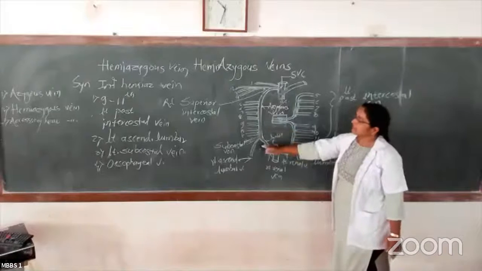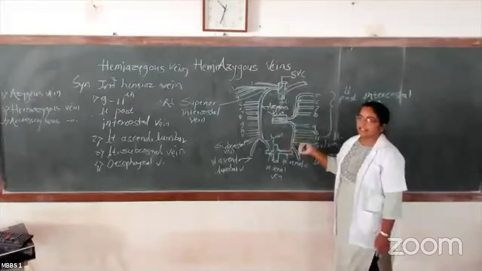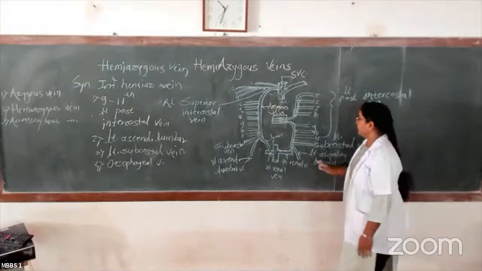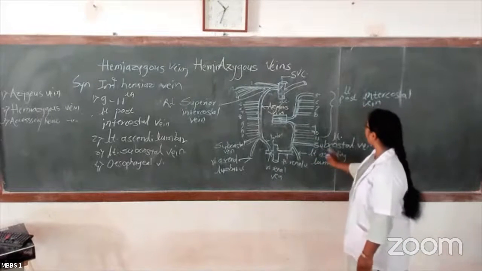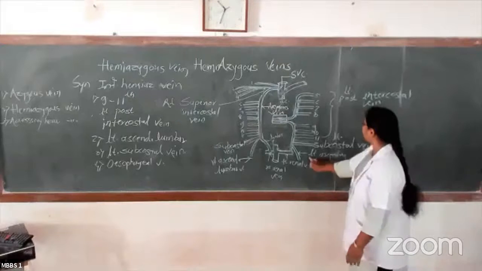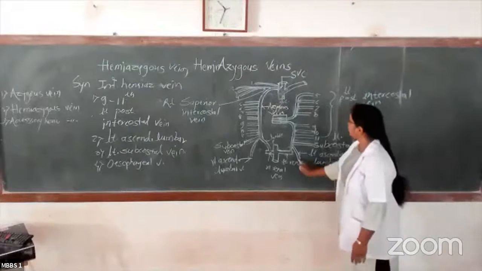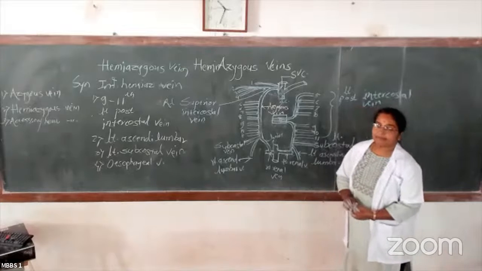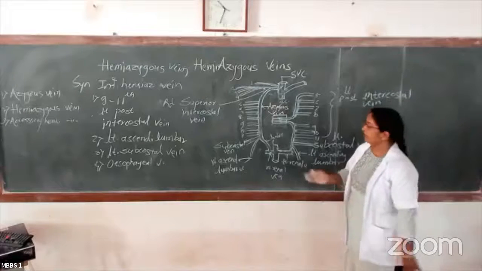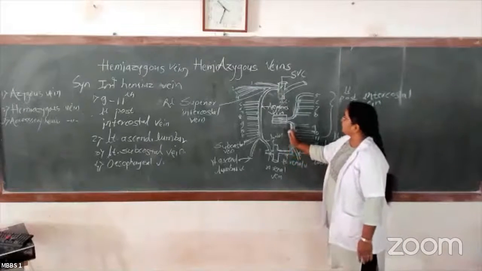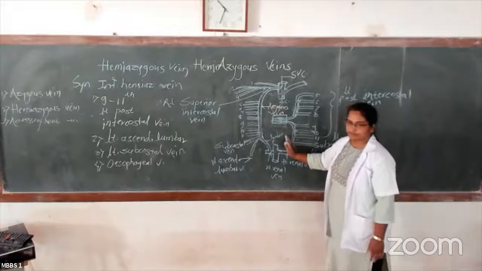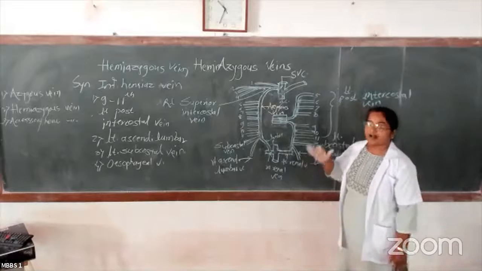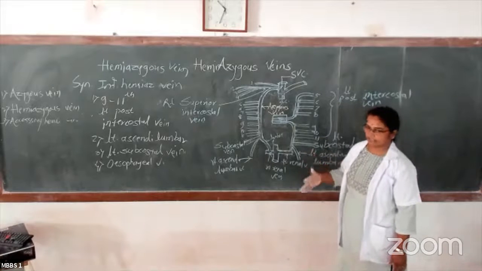This azygous vein is present on the right side and this hemiazygous vein is present on the left side. So it forms by the union of left subcostal vein and left ascending lumbar vein. Then after formation, it ascends upwards and enters the thorax by piercing the left crus, and here it ascends upwards at the left side of this vertebral column, but behind the aorta, esophagus and thoracic duct.